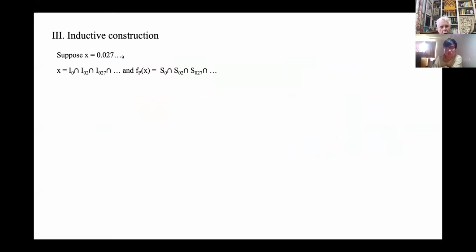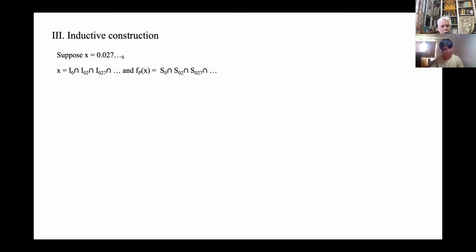Now, number 3 here, I would not call this, you're sort of done with the inductive construction at this point. You could call it the decimal arithmetic of the Peano curve.